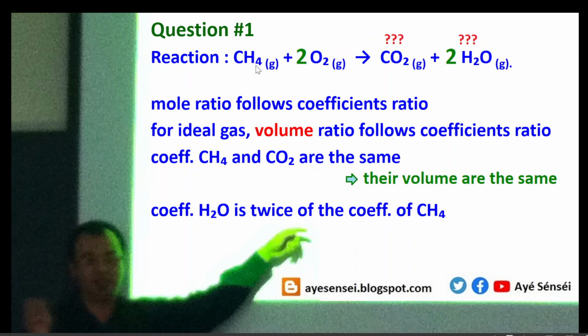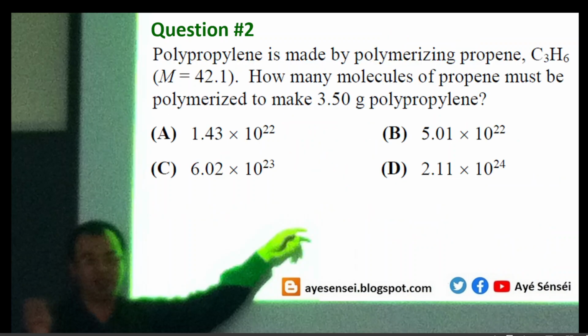Given that the volume of CH4 is 1 liter, the volume of H2O is 2 liters, while the volume of CO2 is 1 liter. So the answer is A. Question 1 is relatively easy, so let's proceed to question 2.